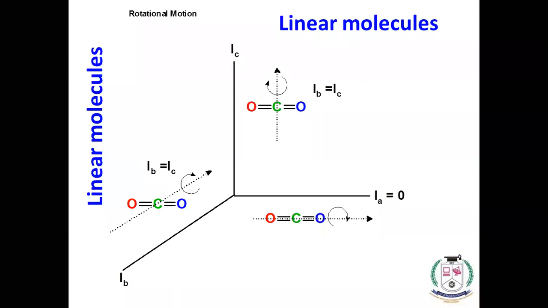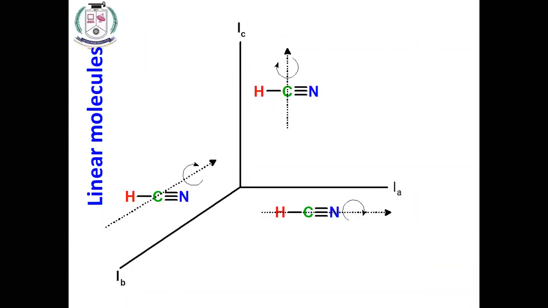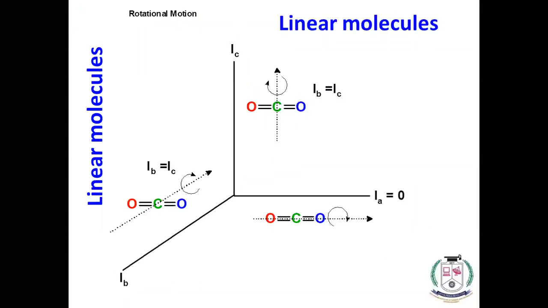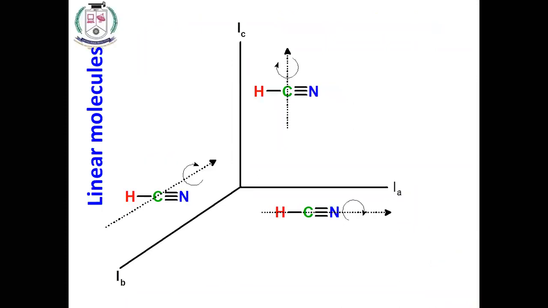Keep in mind, similar types of molecules can be identified by seeing these axes through X, through Y, through Z. Instead of carbon dioxide, if we replace the oxygens and carbon with HCN, similarly IA is 0, and IB and IC will be equal.